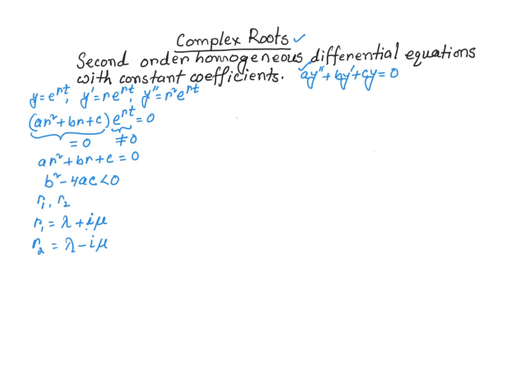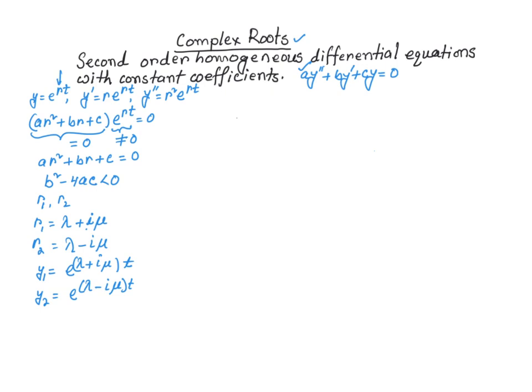So my solutions are going to be, let's call it y1 of t, equal to e to the power lambda plus i mu times t, because this is my r. Then y2 is going to be e to the power lambda minus i mu times t.